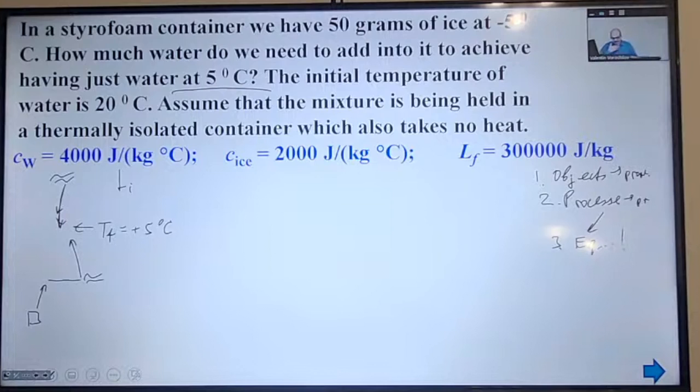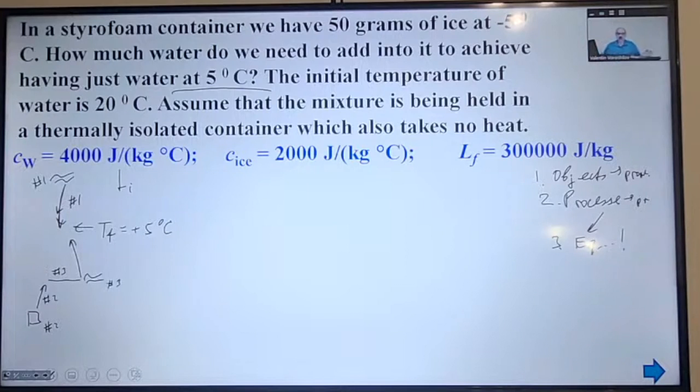So the object number one is warm water, the object number two is cold ice, and there is a process number one, then the process number two, then the process number three, phase transition from ice to water. This is technically the object number three.